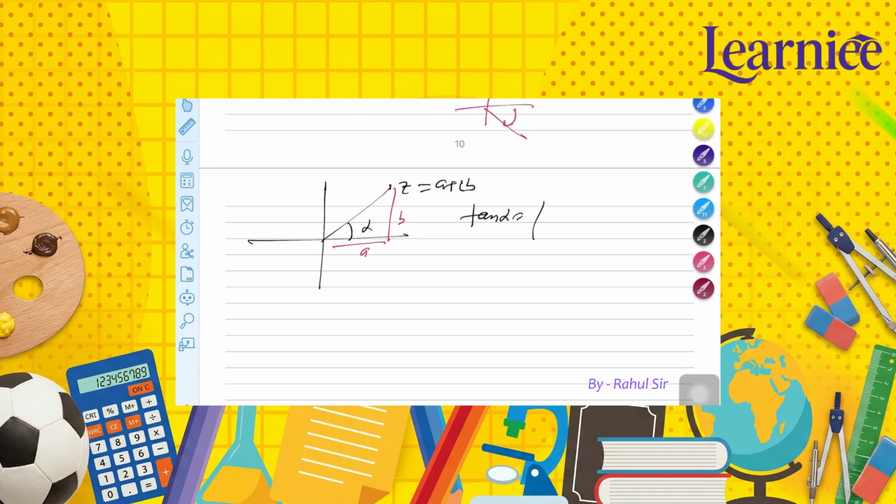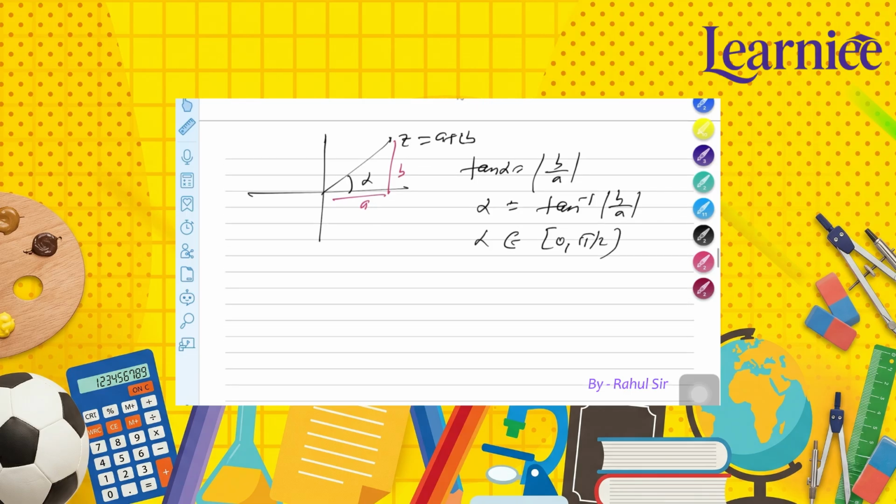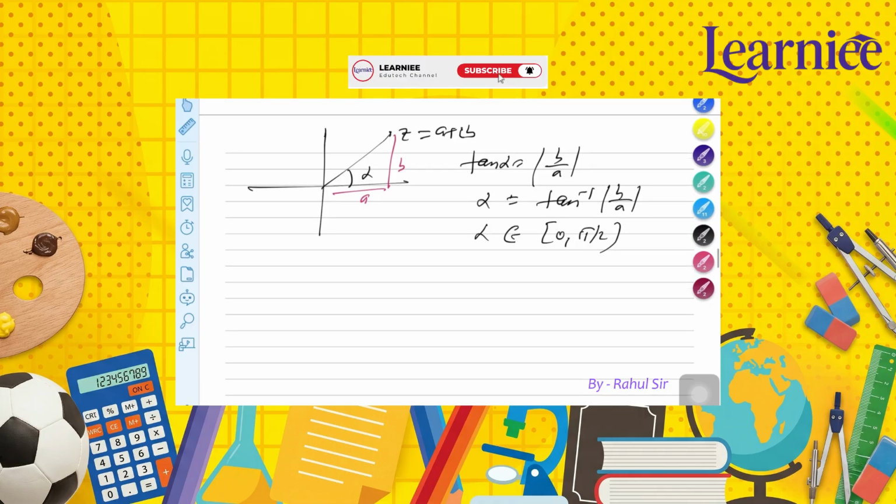So tan alpha is b upon a, so alpha we can say is tan inverse of the positive value of b by a. Whether b is negative or positive, mod b by a is always positive, and this alpha lies from 0 to pi by 2. We'll see in each quadrant how they behave.